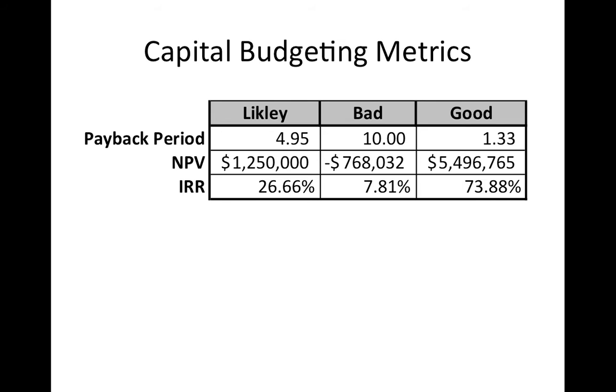So, interestingly, for this project, in the likely scenario, all three metrics tell us we would accept it. In the bad scenario, all three metrics tell us we would reject it. And of course, if the likely is going to accept it, the good's going to accept it. And so it's really the bad scenario that we would then focus on a lot in terms of ranking.